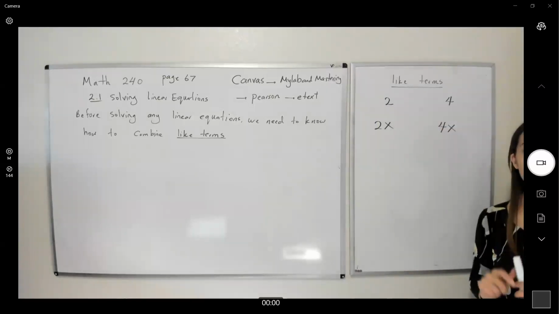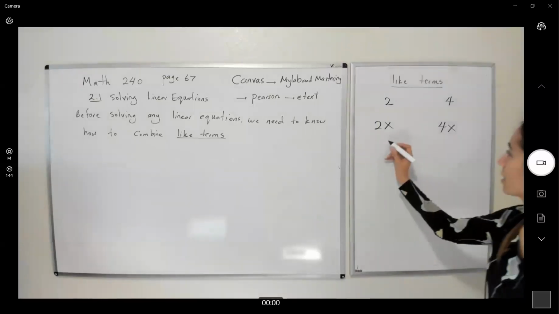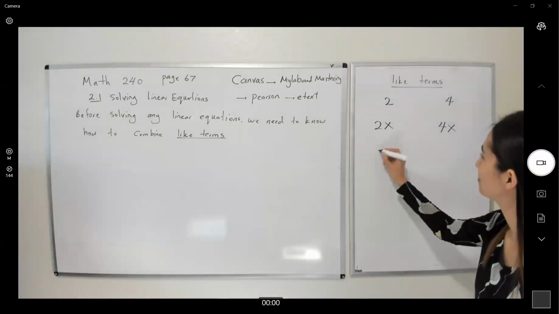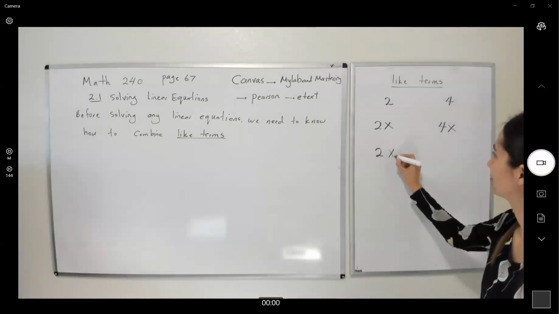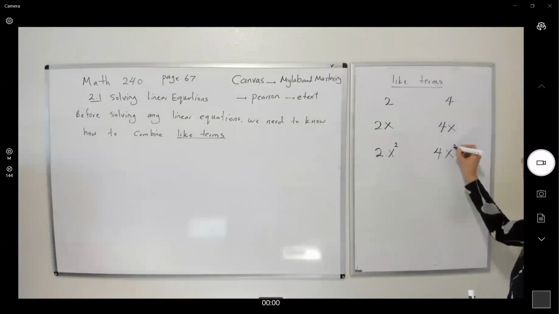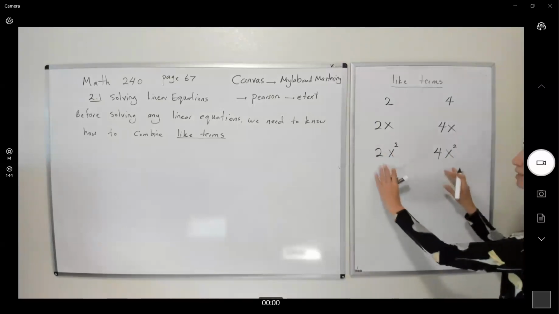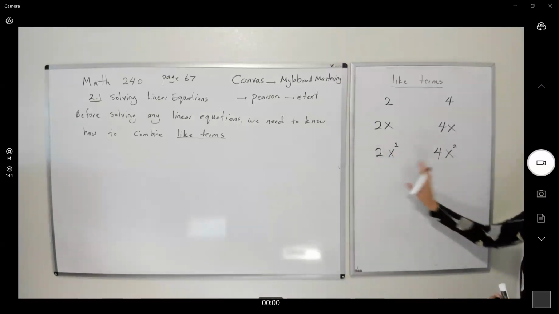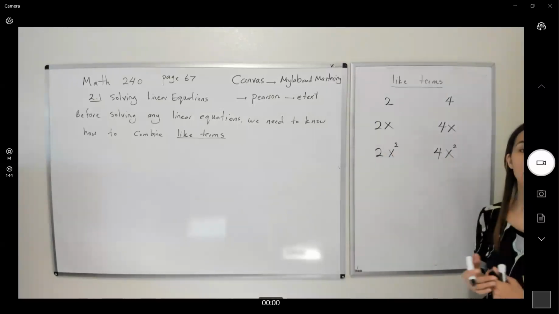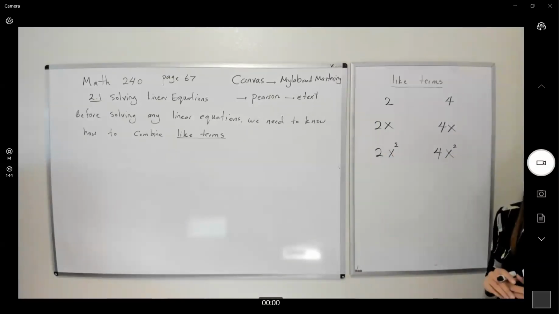The invisible exponent is equal to 1. 2x squared and 4x squared are also like terms. We can add these two terms. 2x squared plus 4x squared is equal to 6x squared, or we can subtract these two. 2x squared minus 4x squared gives you minus 2x squared.